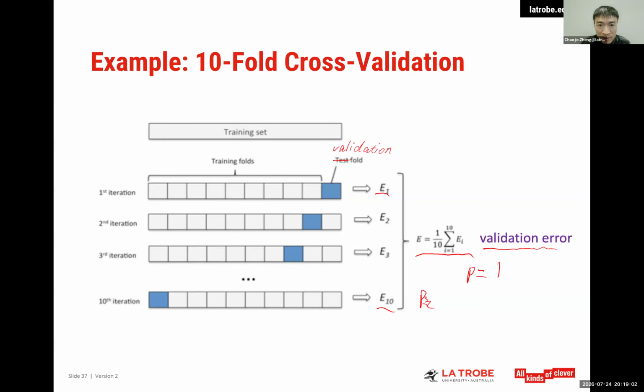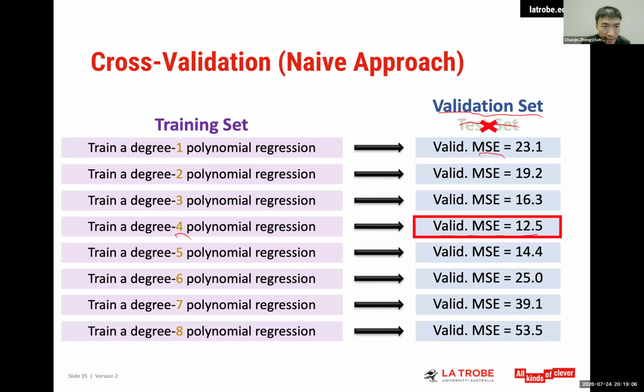So if we want to test 10 different complexity levels, we will have 10 average validation errors, and we are not comparing a single validation error.